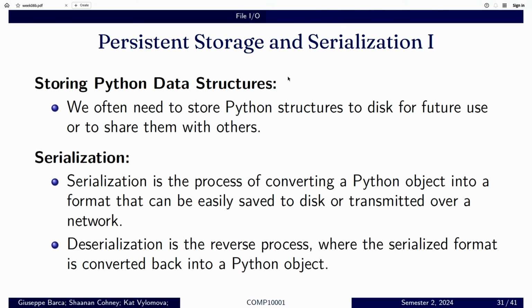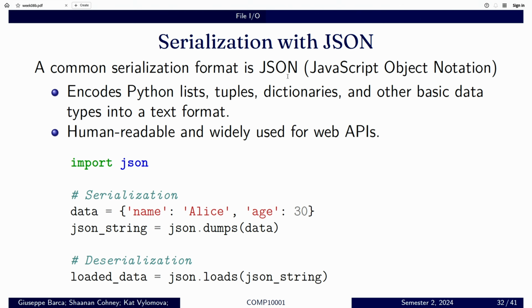Okay, so we have serialized an object, we have stored it in a special format. From that special format, in a new session on another computer, I want that object again in Python. I need to deserialize it to be able to have that object back in memory. The most common way these days to do serialization and deserialization is to use JSON, which stands for JavaScript Object Notation.